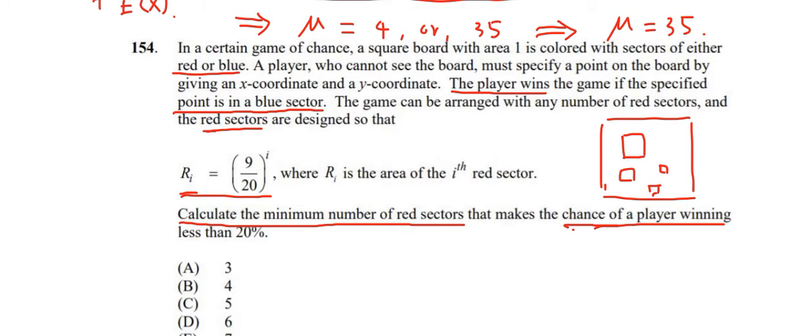If we put it in the blue one, he will win. So win means blue one. Blue one is less than 20%, which means the area of the red one will be larger than 80%, right?